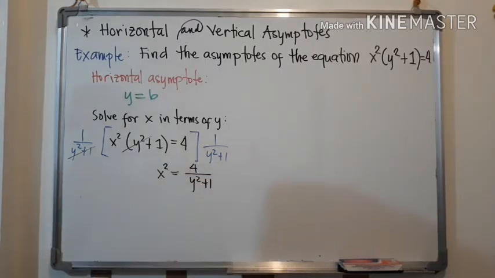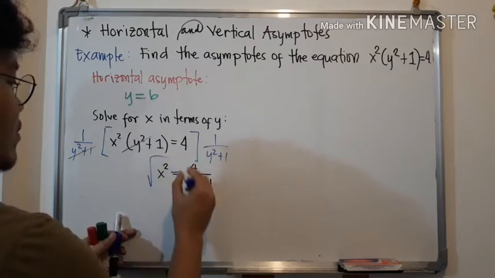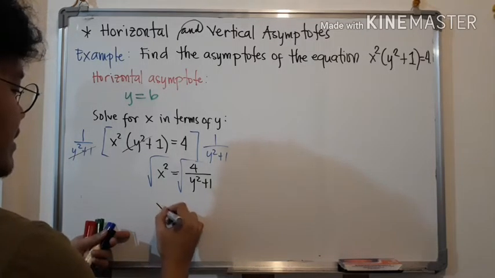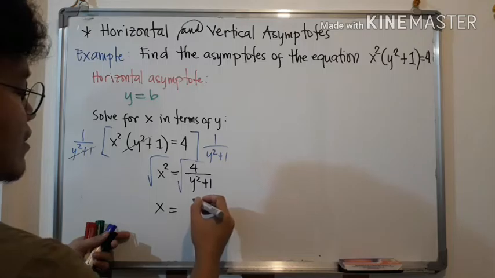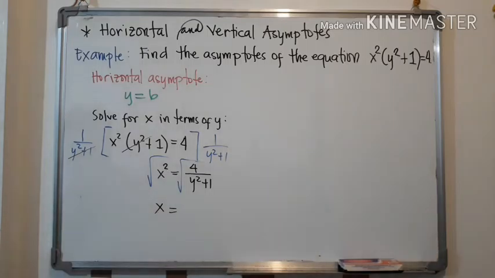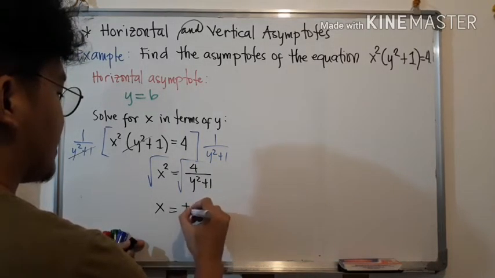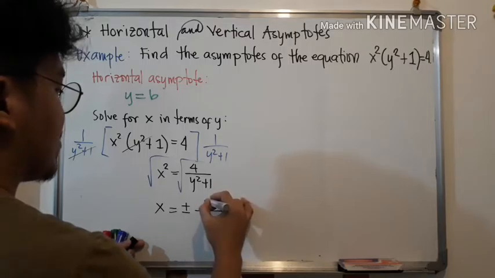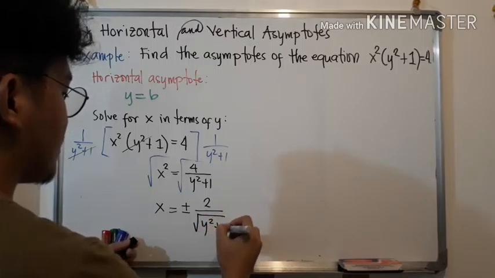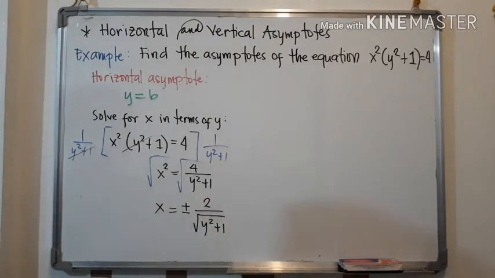Then we take the square root of both sides of the equation. We get x is equal to the square root of 4 over y squared plus 1, that is plus or minus 2 over the square root of y squared plus 1.